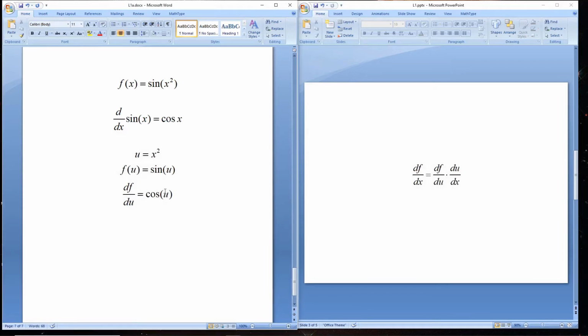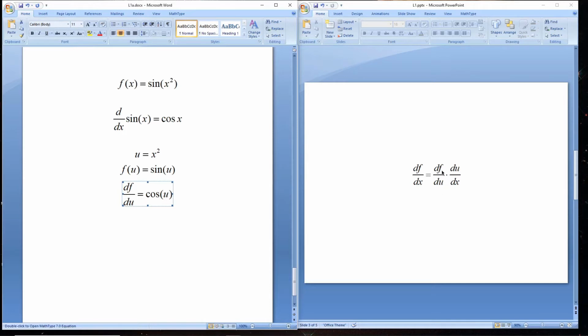So also notice, looking over at our chain rule to the right here, notice I have df du equals cosine u. And in the chain rule, you can see there is a df du right here. So we're actually, just by doing this substitution, we're halfway done with the chain rule.